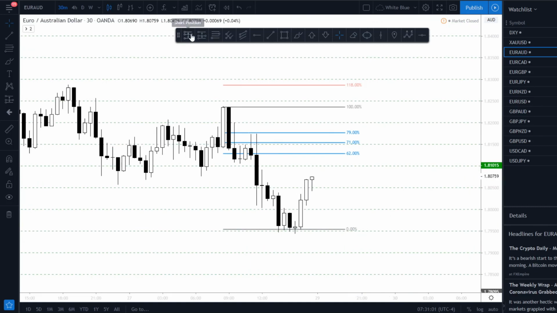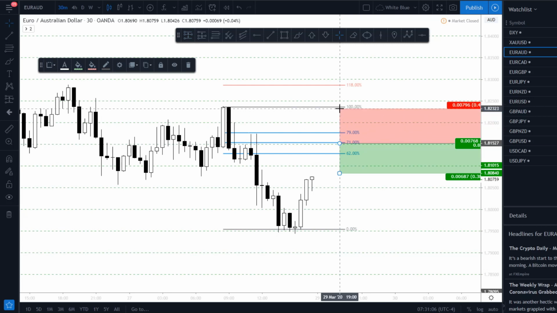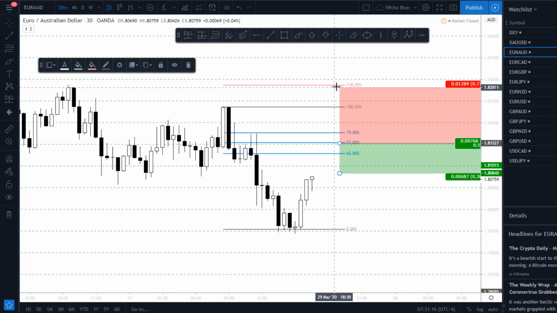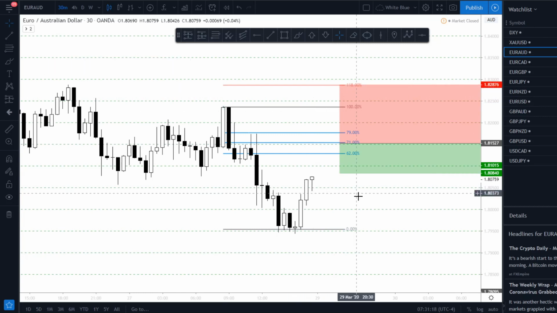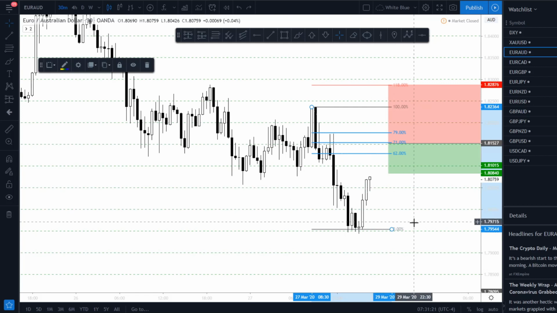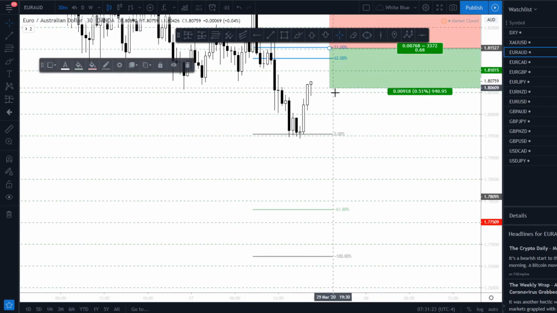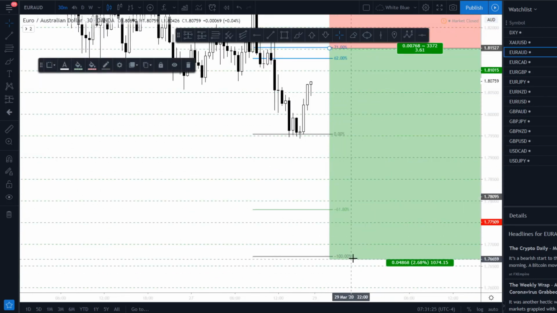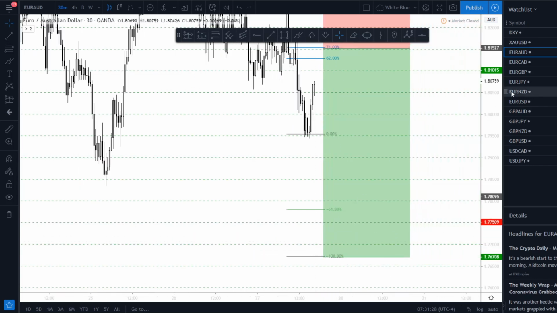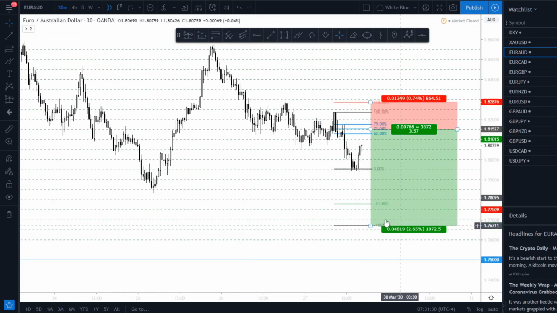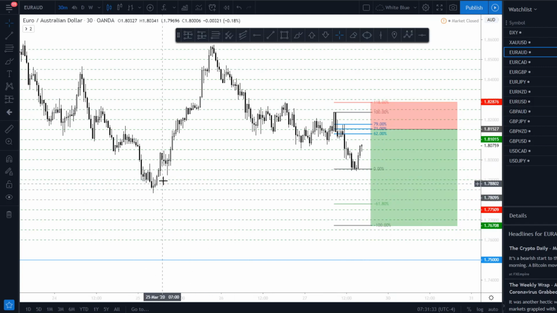What I'll be doing is putting a limit order in right there with the stop loss either here or here, but there's a round number right here which price could trade to, so I'll probably be putting my stop loss at this one. And then if we move down we've got the equal move, symmetrical move down here, which will create a new low, because obviously we've got this low here and then we've got that.